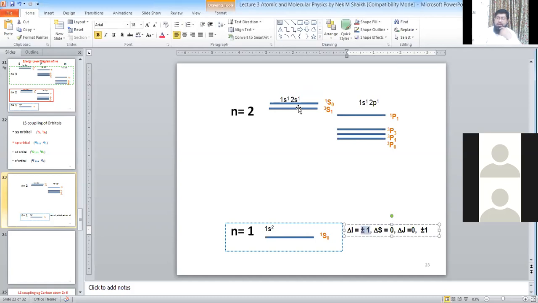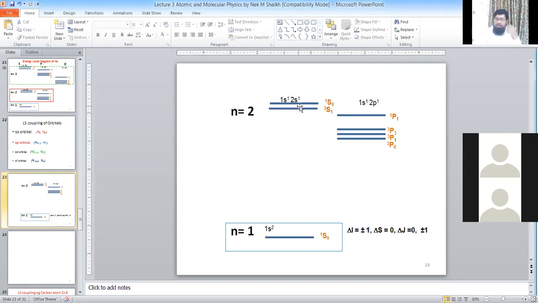So if the electron is in the s orbital in n is equal to 2, it will not go down into the s orbital in n is equal to 1. So this transition is not possible.